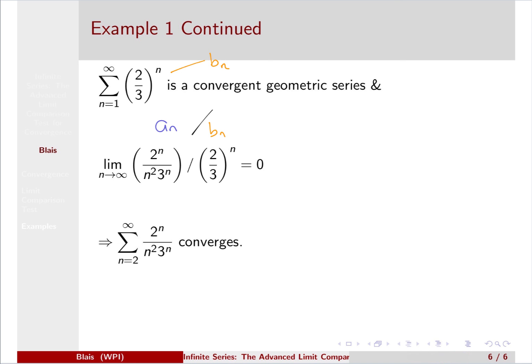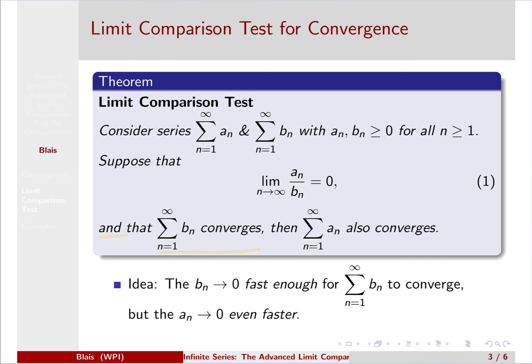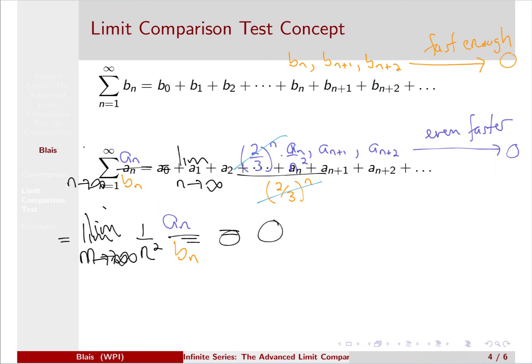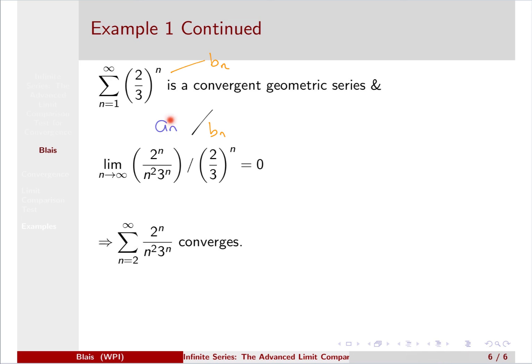That means by applying our limit comparison test, we have the limit of that ratio being 0, and we know the sum of the terms in the denominator converges. Therefore, the sum of these numerator terms also must converge. For us, our a sub n is this 2 to the n over n squared times 3 to the n. So our original series also converges by limit comparison.